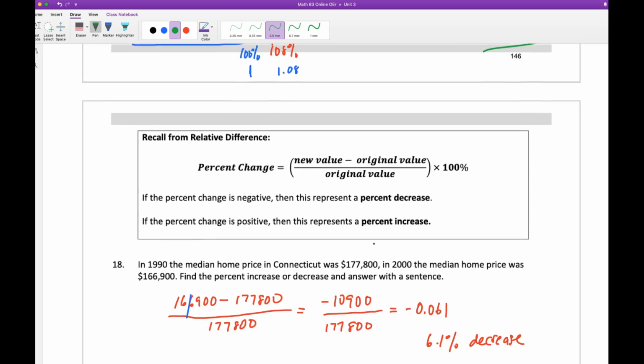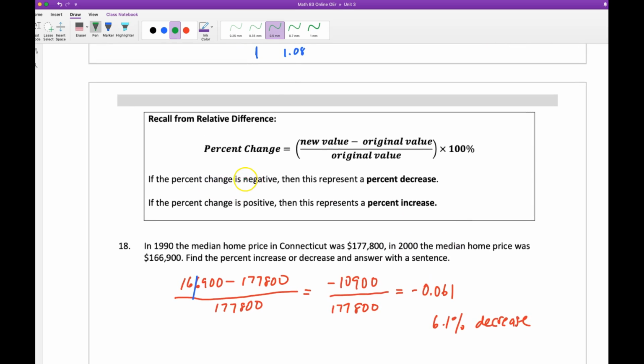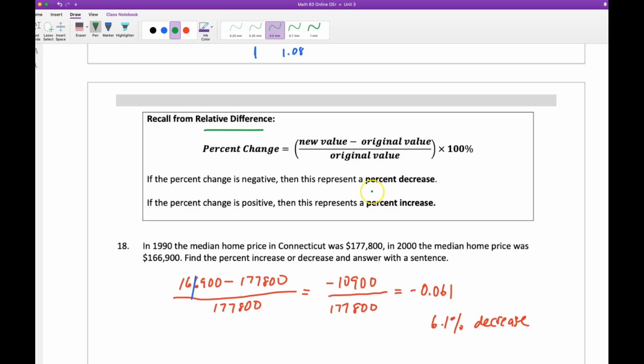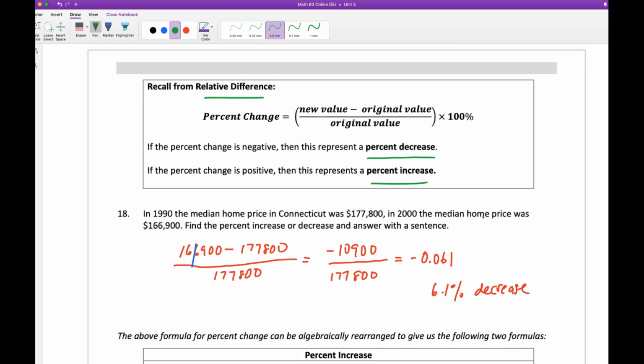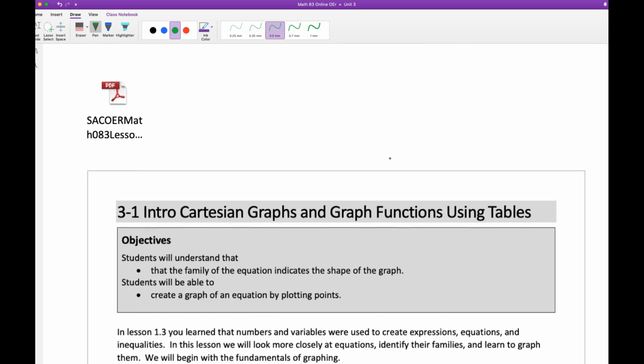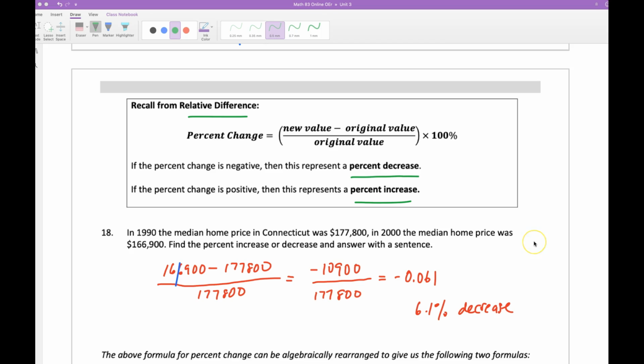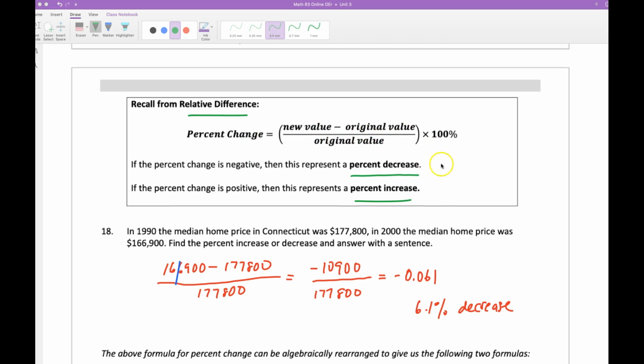We go back to this idea of percent change or relative difference. In this case, we're going to look at that from the perspective of percent increase or decrease. In order to answer these questions, we're going to use this percent change formula, which is really relative difference: new value minus original, divided by original.